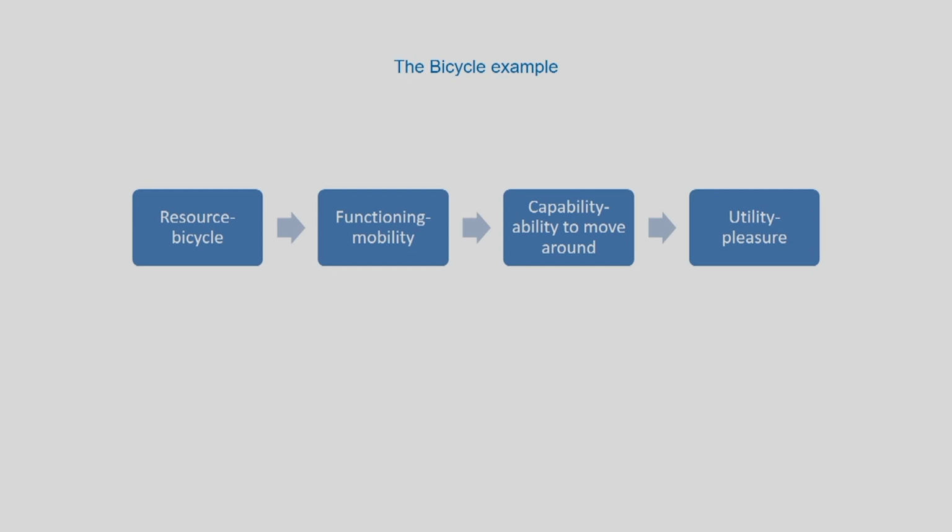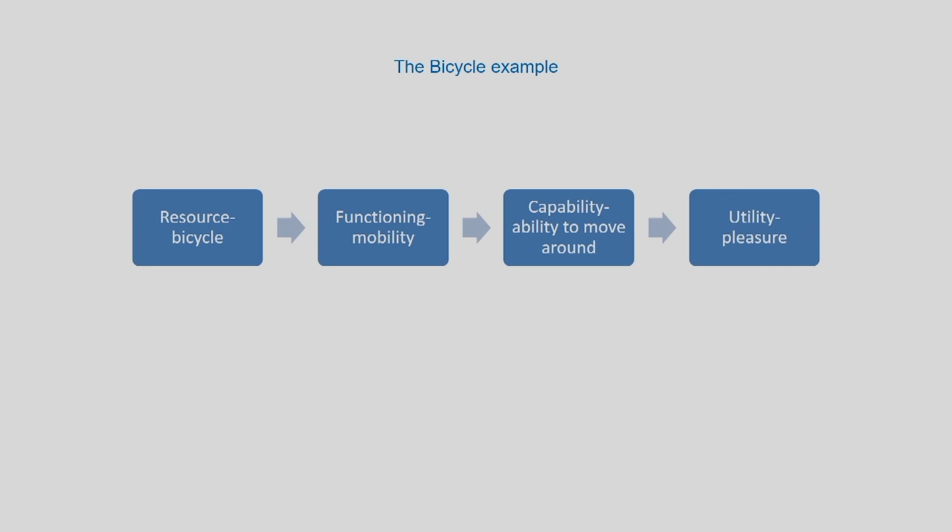A bicycle provides a good example of how these different concepts can be related: utilitarianism, basic needs approach, or resourcism, and capabilities approach. So, a person may own or be able to use a bicycle, which is a resource here. By riding the bicycle, the person becomes mobile, moves from one place to the other. However, if the person is unable to ride the bicycle, then having a bicycle would not in fact result in this functioning.